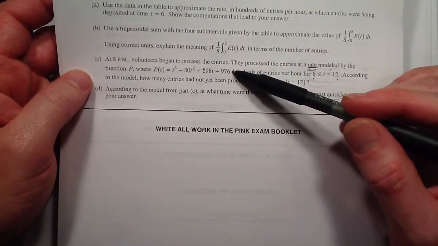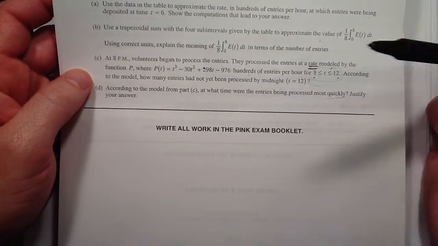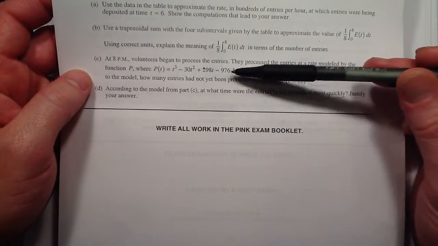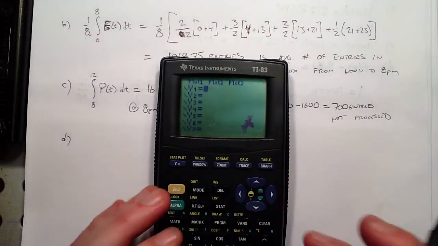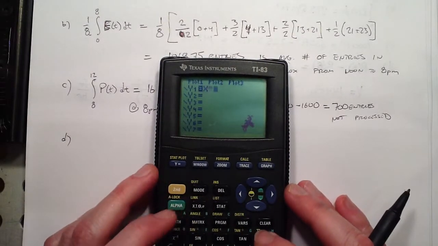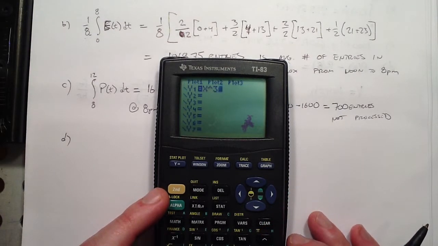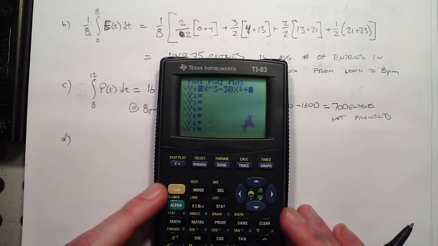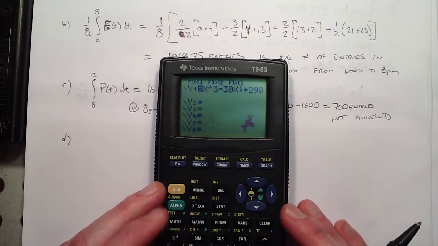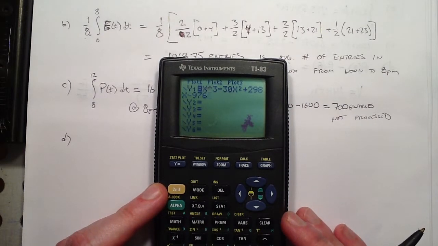So I'm just going to graph this. You could find its derivative and set that equal to 0, but since we have our calculator, you can just graph this and find the maximum. Now let's do that. We've got x cubed minus 30x squared plus 298x minus 976.